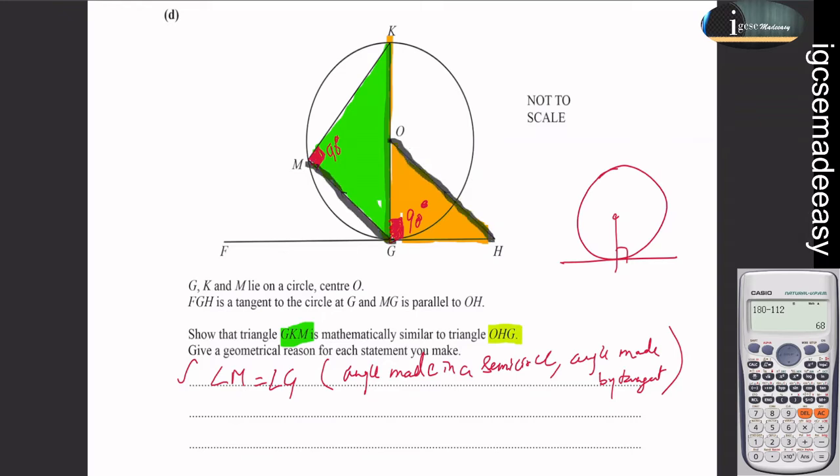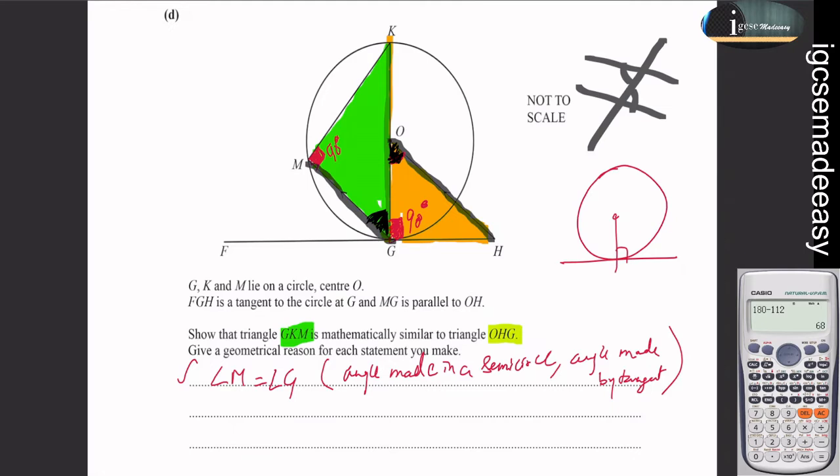If these two lines are parallel, then for parallel lines we have certain properties, right? For the parallel lines and the transversal, this angle and this angle will be equal. Alternate interior angle, what we call it. So in this case, this triangle has this angle, and in this triangle this angle will be equal because it's an alternate angle.